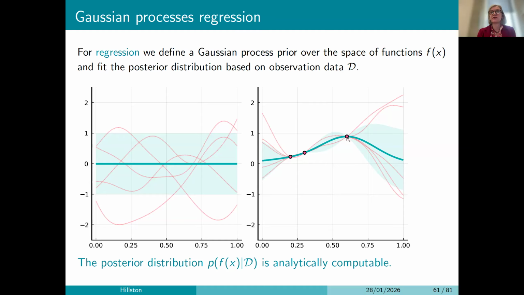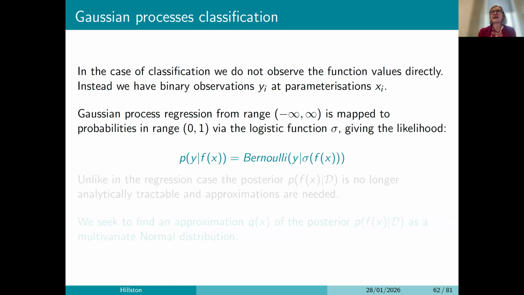significantly by our observations. In the case of regression, finding this posterior distribution is relatively straightforward because it's analytically computable. But in terms of classification, we don't have that opportunity. It's no longer directly computable. What we're trying to do is classify, instead of over the range minus infinity to infinity, to probabilities in the range 0 to 1.